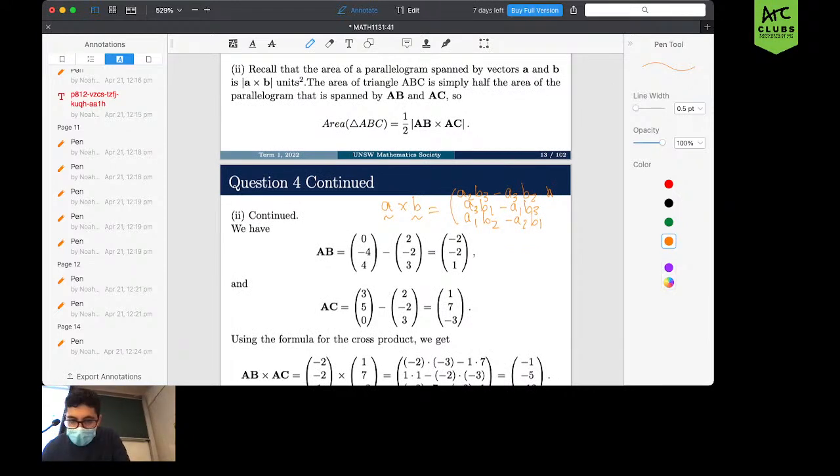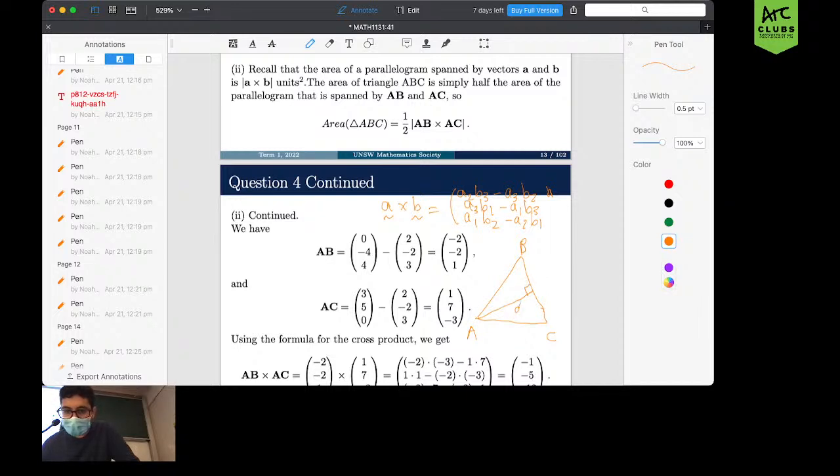So if we have a triangle with vertices A, B, and C, and they're asking us to find the shortest distance from the point A to the line passing through B and C, well, that's just a cheeky way of saying the perpendicular distance from A to the interval BC, because shortest distance is simply perpendicular distance.